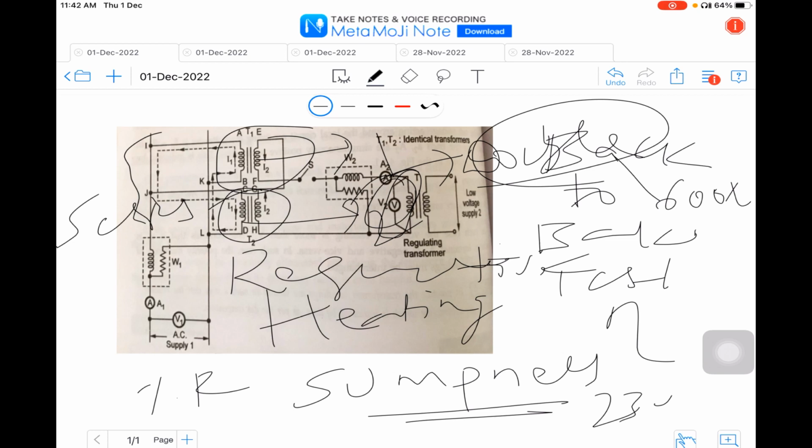Now, how are the test results obtained here? The Sumpner test is similar to the OC and SC tests, because both the transformers are connected back to back. The primaries are connected in series and the voltage is applied across them. The secondaries are connected across the load.